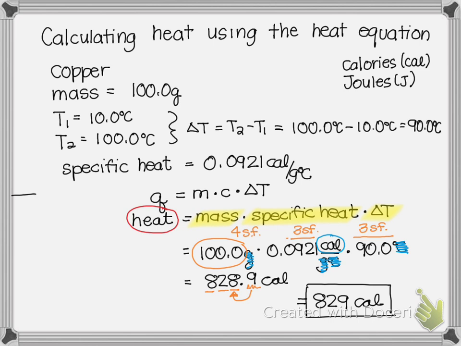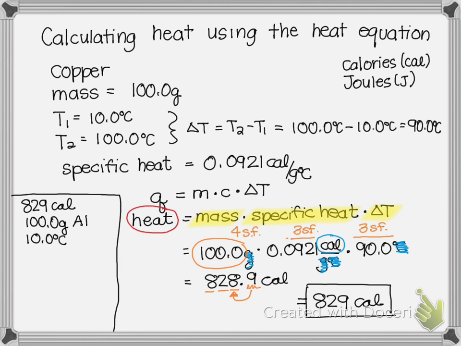I'm just going to write it down. Now you add 829 calories to 100 grams of aluminum, and that aluminum is at 10 degrees Celsius.